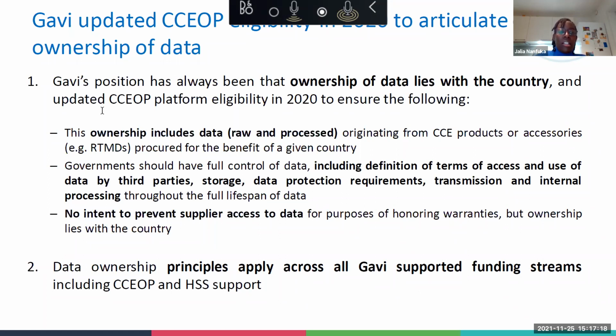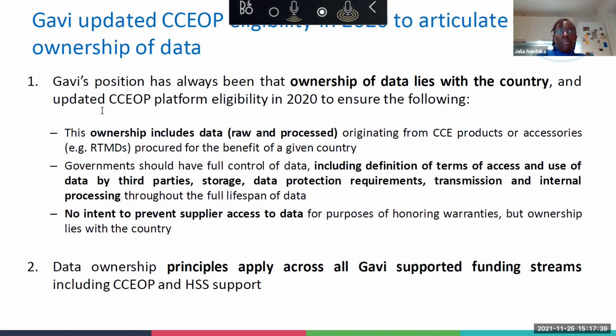When you look at all the GAVI support going out to countries, be it CCOP, the cold chain equipment optimization platform, or the health system strengthening support, this principle carries across all the funding streams, or all equipment that is funded by GAVI.